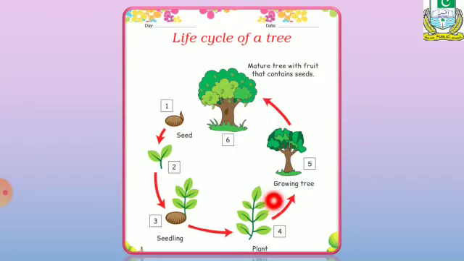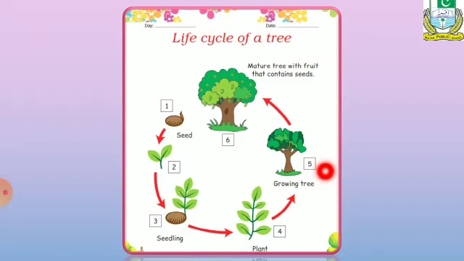Okay, let's move forward to step 5. And what do we see in step 5? A growing tree. The tree is growing. It is still growing. It's not completed its growth. And that is step 5 of life cycle of a tree.